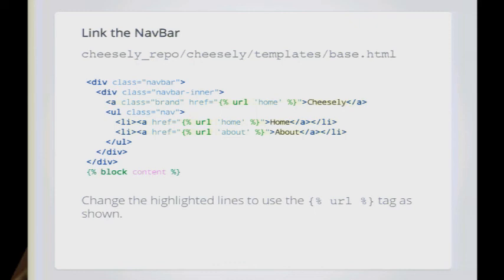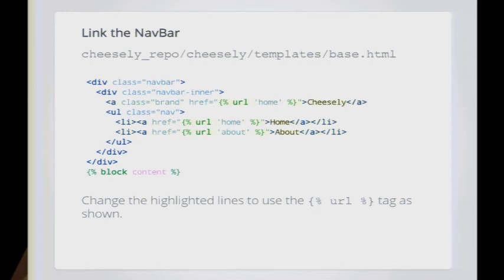So curly brace, percent, url, double quote home, double quote, percent, that's for home. We're going to do home again because we have Cheesely. We want the Cheesely logo to link us to home, we want this to link us to home, and this, of course, sends us to about. This is URL naming, the url template tag in Django.